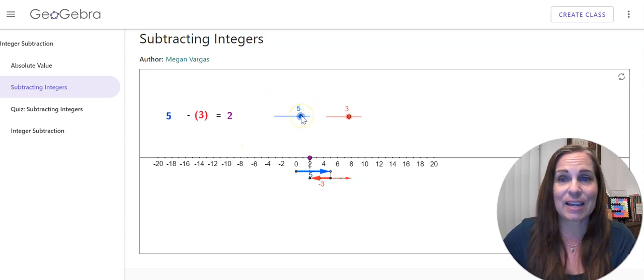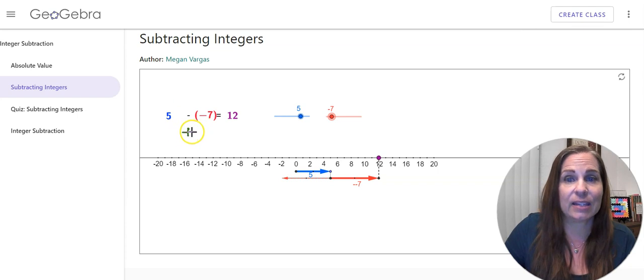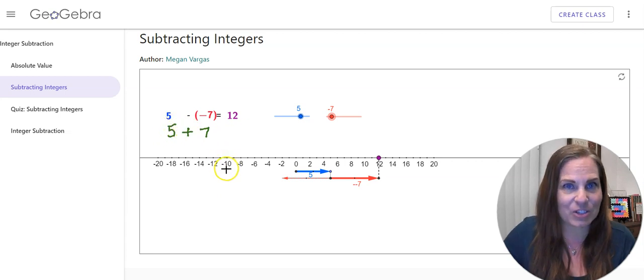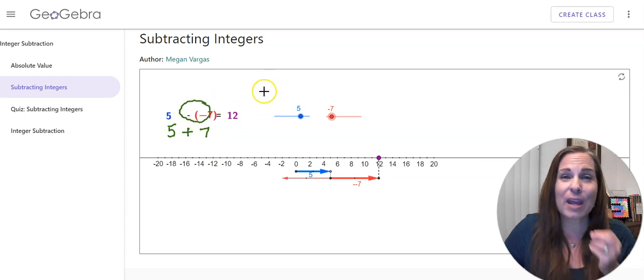Let's say I've got a negative number for that second number. All right, so now I've got 5 minus -7. Well, minus is the same as adding the opposite, right? So now this looks much easier, right? And anytime you see two negatives together, I want your initial response to be to change it to a plus.